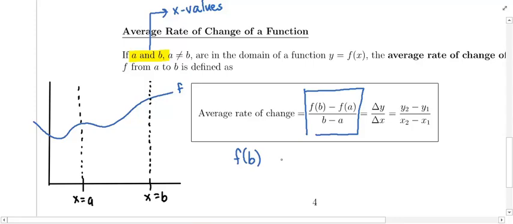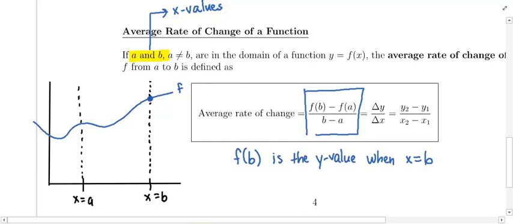Well, f of B, we know what that means. f of B is the y value when x equals B. If you go back to the picture, here's where x equals B. Just find the output on the graph.